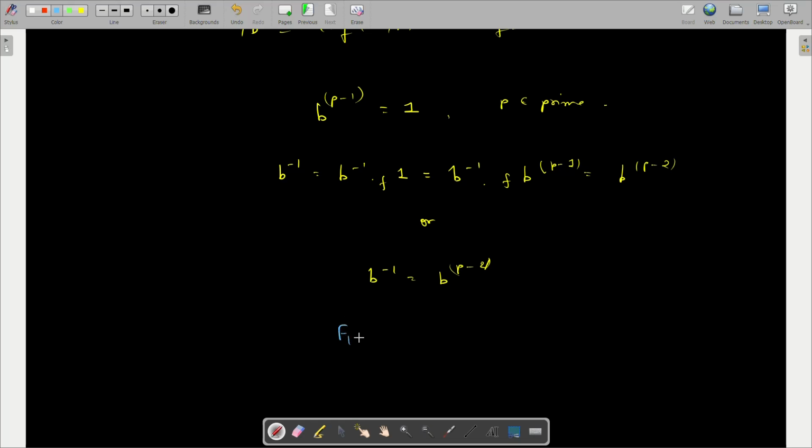If we have F19, the finite field of order 19, it would practically mean that b to the power 18 is going to be 1, which implies b to the power minus 1 will be equivalent to b to the power 17. Are you getting the point? This is what this picture is all about. So in other words, we can calculate the inverse using the exponential operator.